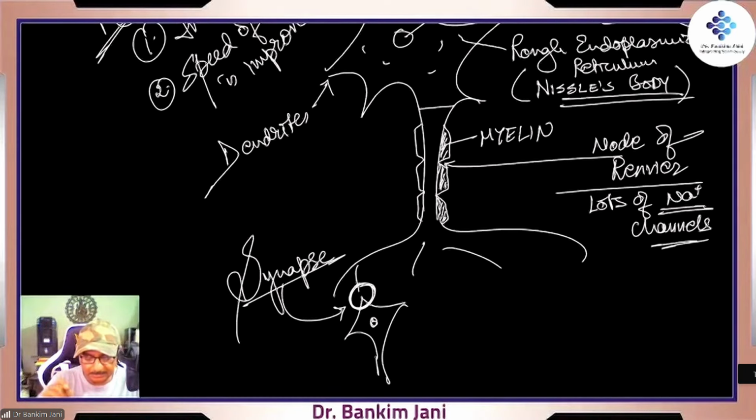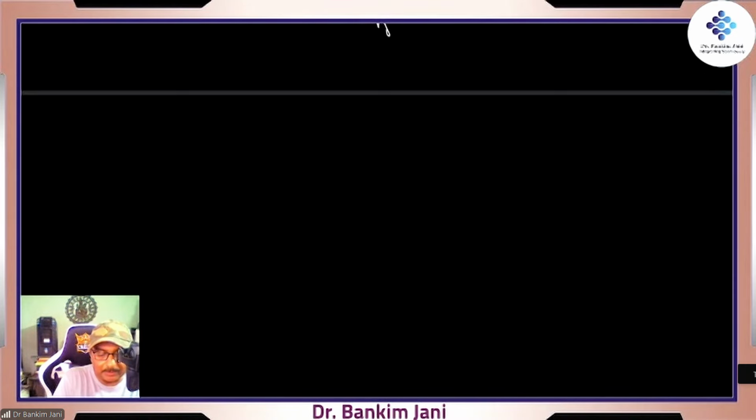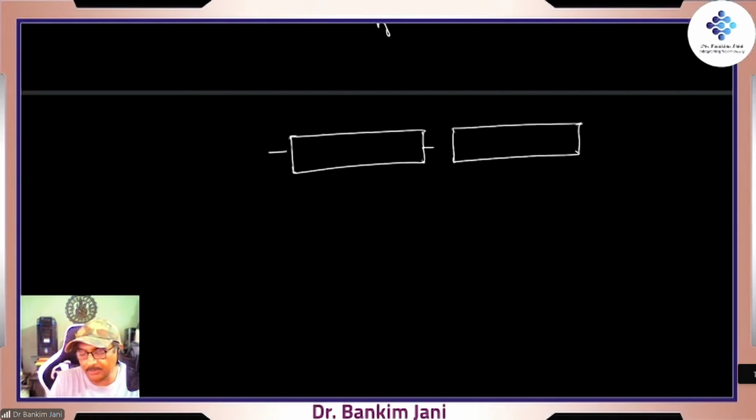Putting it in simple words, these are the neurons. Over here, there is electrical conduction. The current is going, right? But in between, there is no physical connection. There is a gap, right?